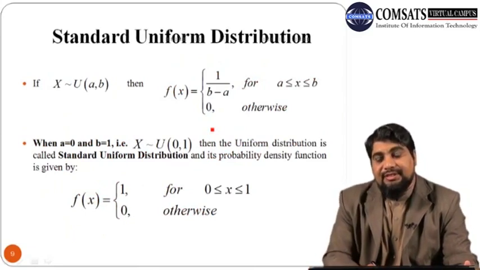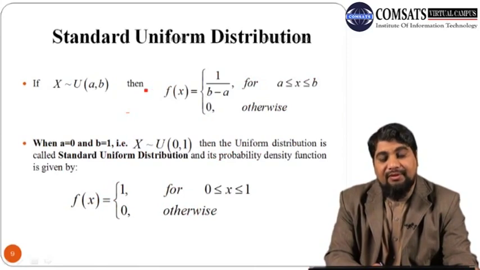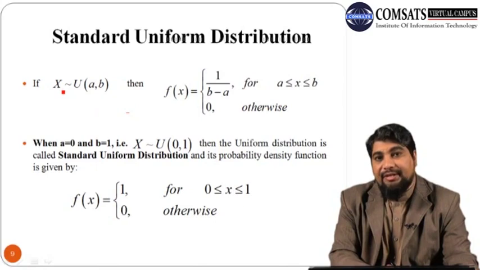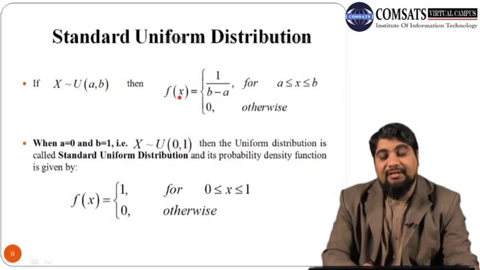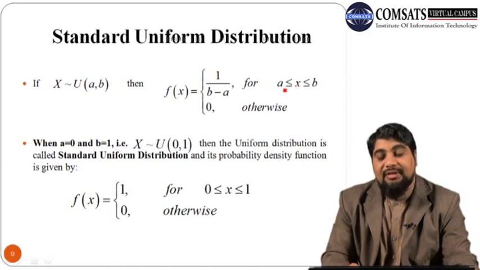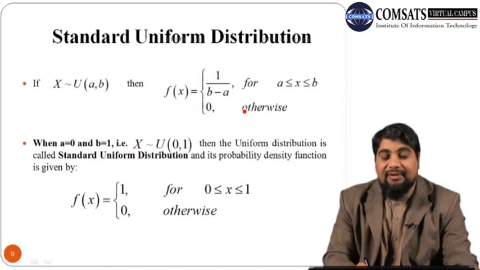So next we discuss the concept of standard uniform distribution. Note that if x is a continuous random variable which follows a uniform distribution from a to b, then the density function is 1 over b minus a for x ranging from a to b, and it is 0 otherwise.